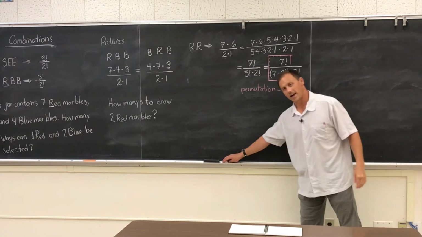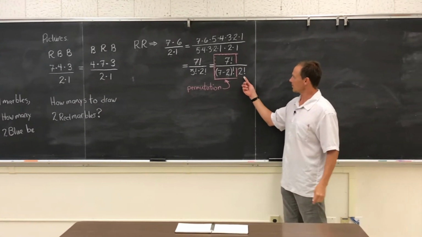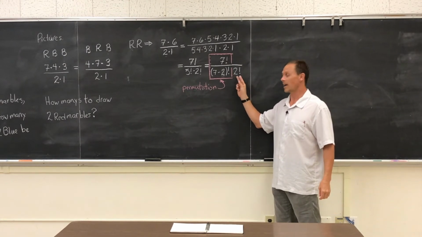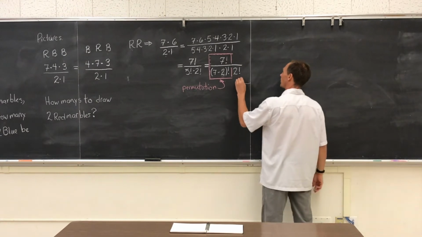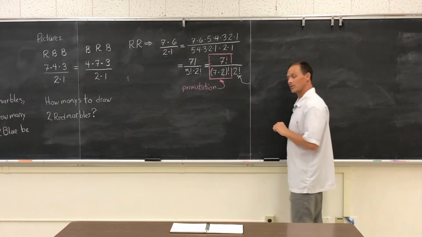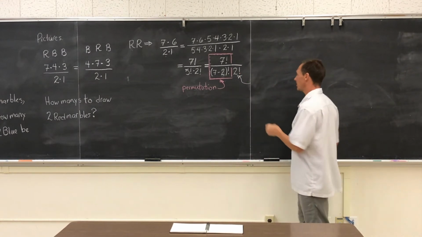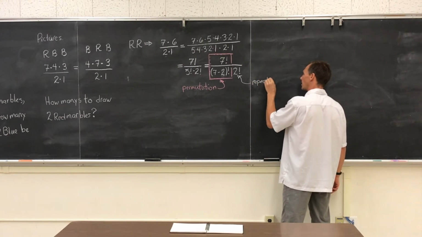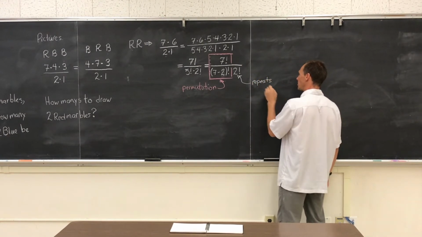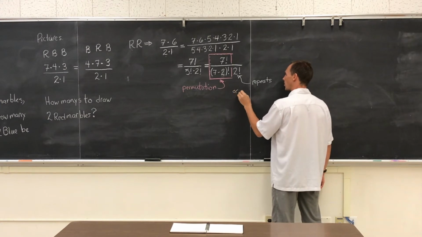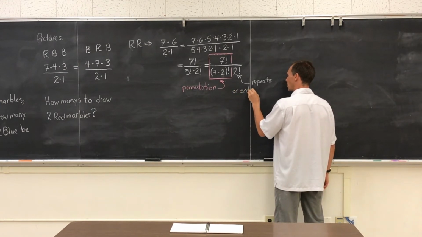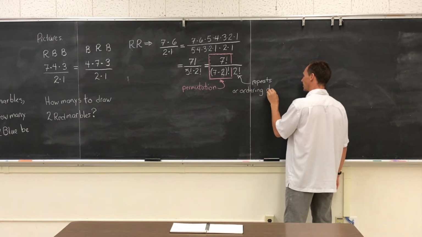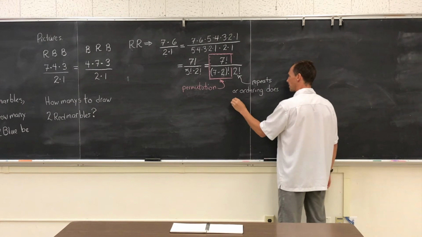And this last piece, this 2 factorial here, what is this? This accounts for the fact that you can have repeats, and that's what we learned before. This accounts for repeats, or ordering. Ordering does not matter.